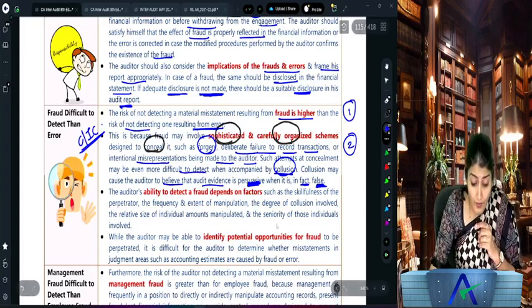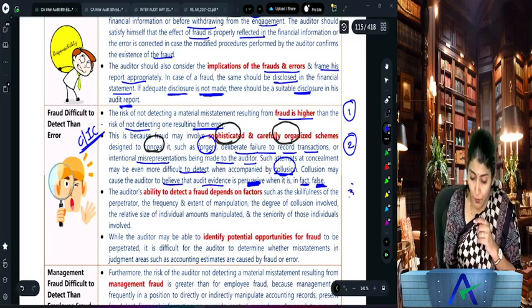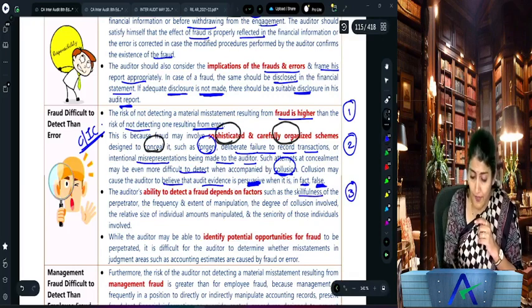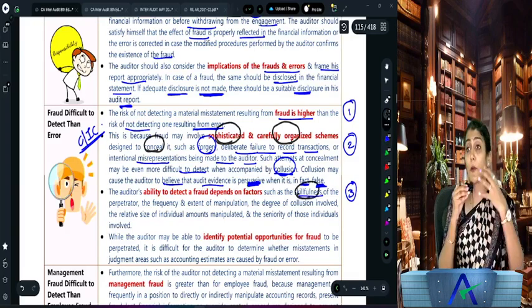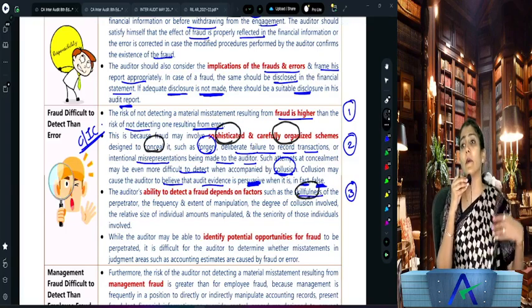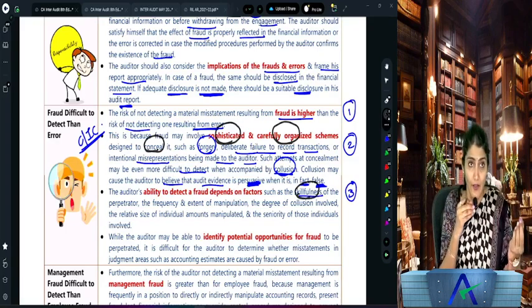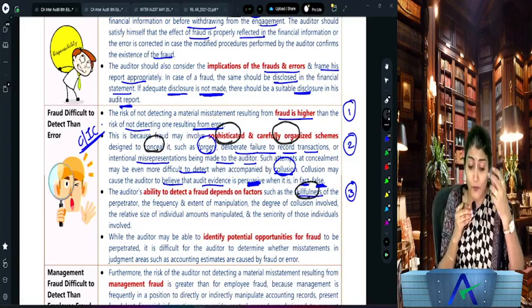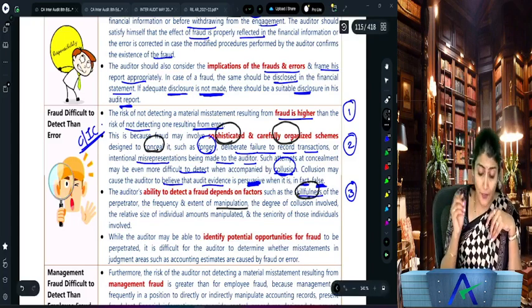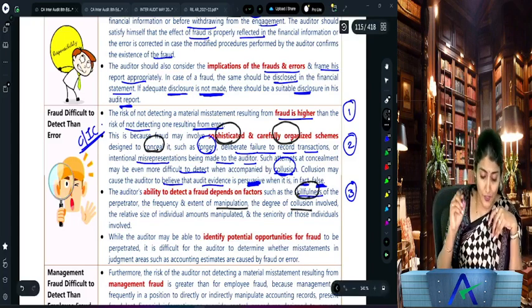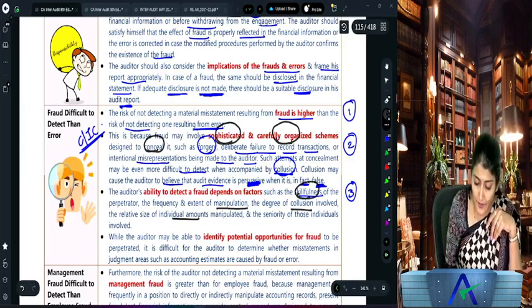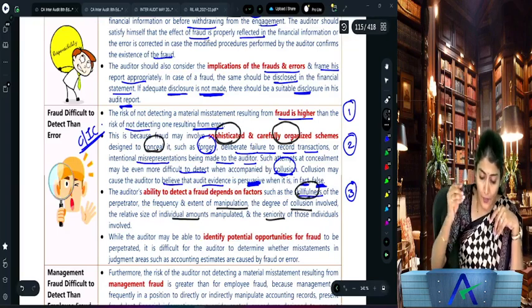Then the auditor's ability to detect a fraud depends upon the skillfulness of the perpetrator. If that fellow did not keep a proper record, he left some evidence after he did the fraud. Right, so what does it say? The skillfulness of the perpetrator, the frequency and the extent of the manipulation, the degree of the collusion involved, the relative size of the individual amounts manipulated, and the seniority of the individuals involved.